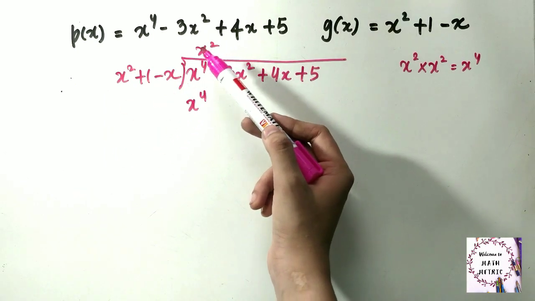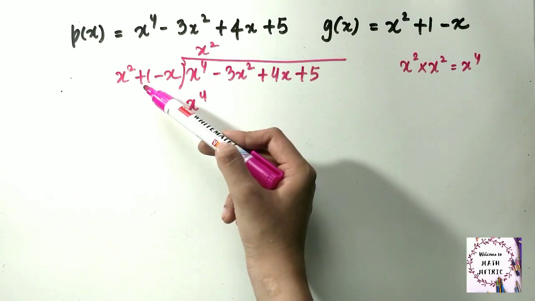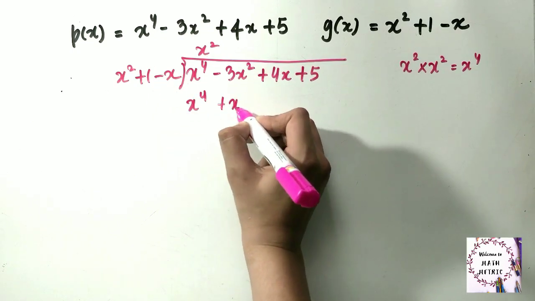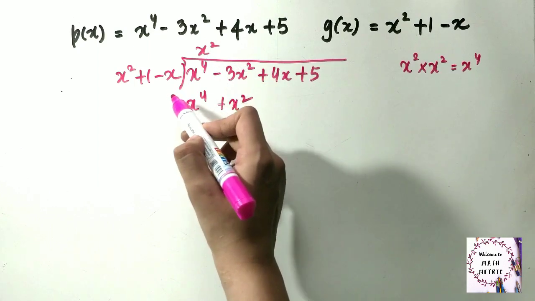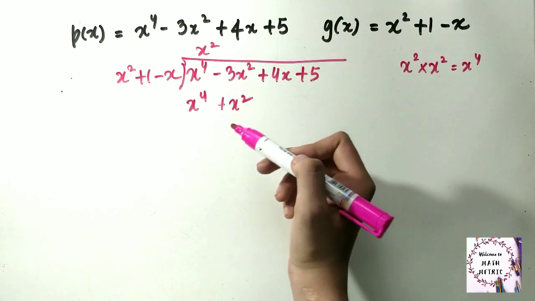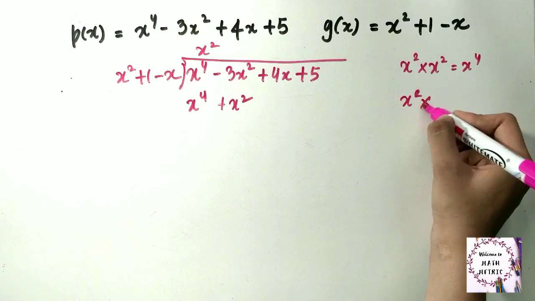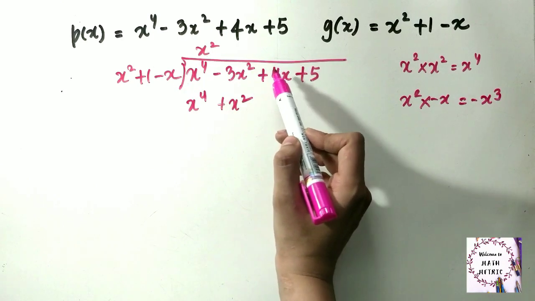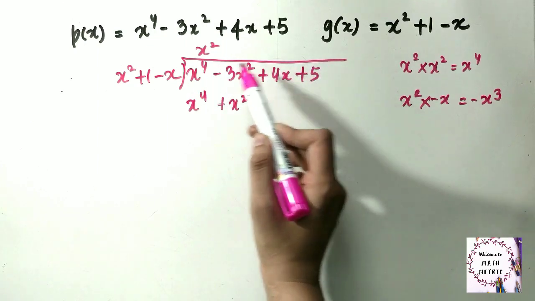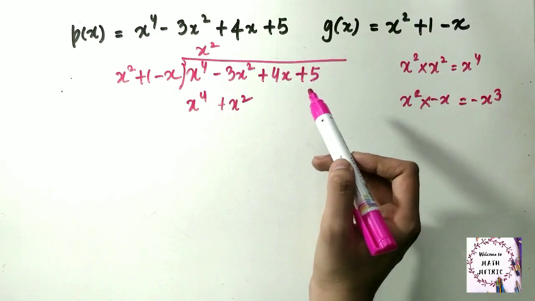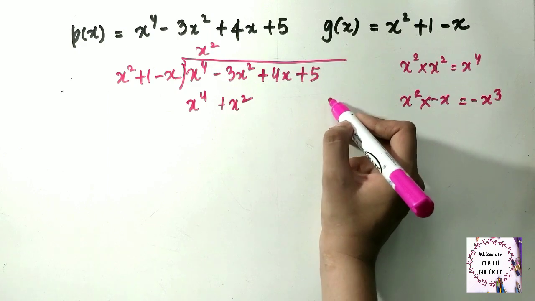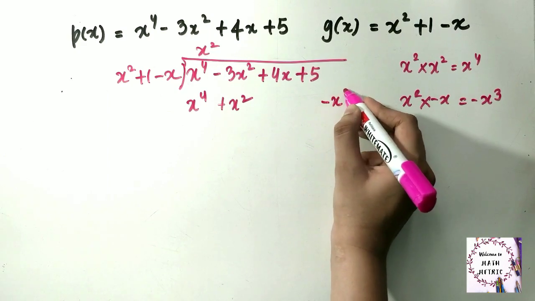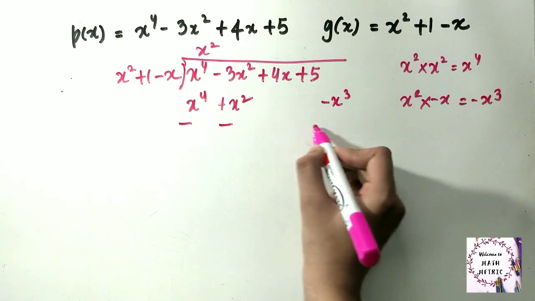We have x square multiplied by 1 is x square, and x square multiplied by minus x is minus x cube. We have no quantity here having the degree 3, so we'll write it somewhere here. Minus x cube. We'll change the signs.